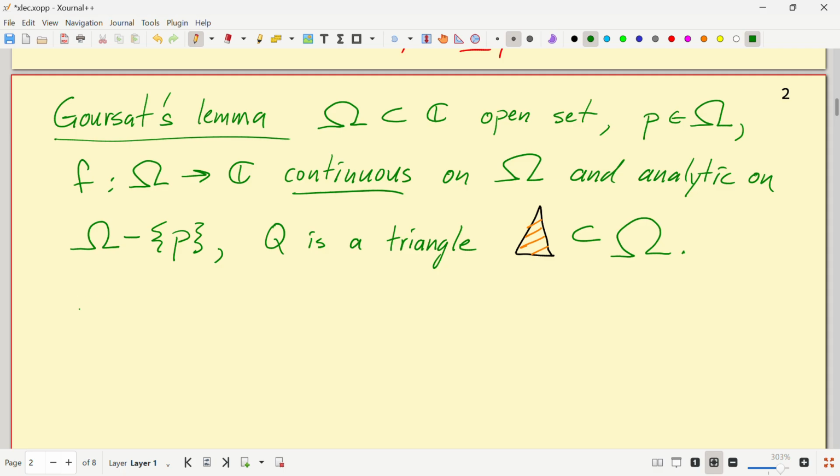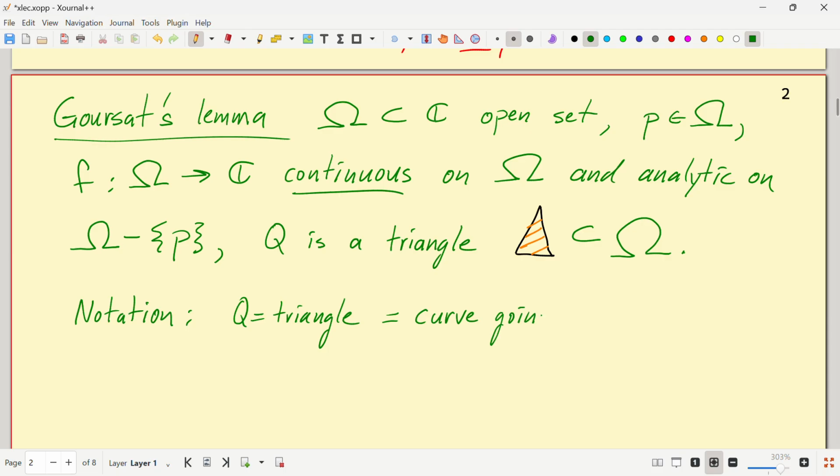Here's an abusive notation: Q is equal to the triangle is equal to the boundary of the triangle, the curve going around.